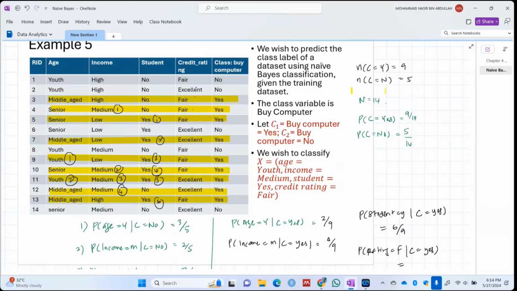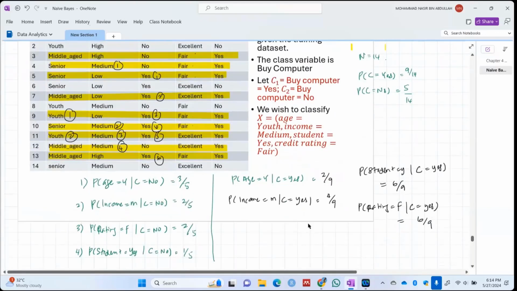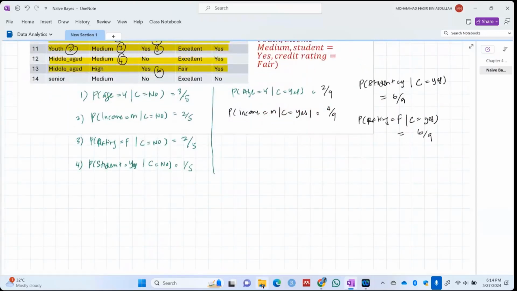So 1, 2, 3, 4, 5, 6. 6 over 9. That's all. So we have calculated the class conditional. So what's next? We want to predict age, student, income, and rating.